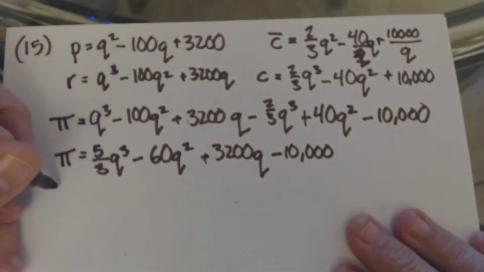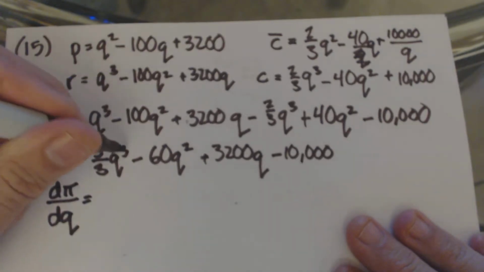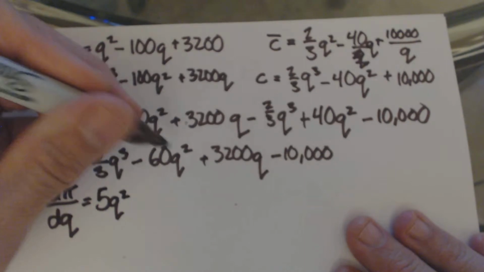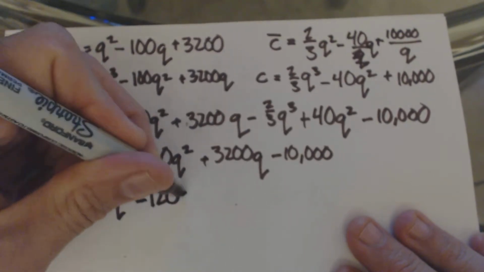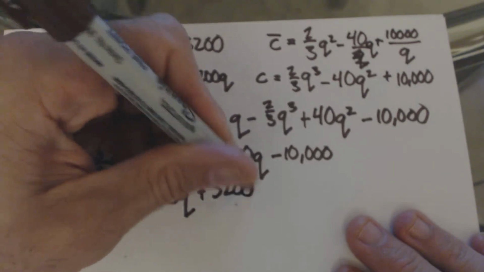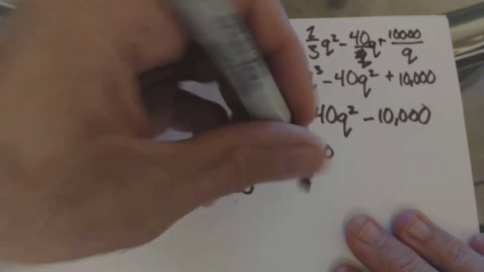And now we're going to take the derivative with respect to quantity. Multiply this by 3. We're left with 5Q squared minus 120Q plus 3,200. Let's factor out 5.